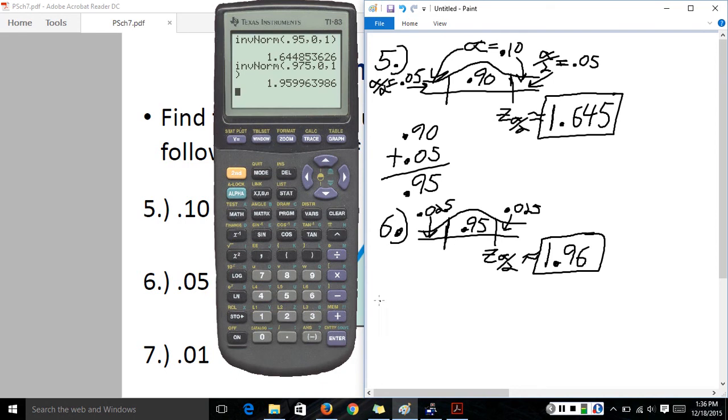All right, now for number 7. This time, what if alpha is 1%? All right, here's a sketch. If there's 1% in the tails, that means there's 99% in the middle. Half of 1% would be 0.005.